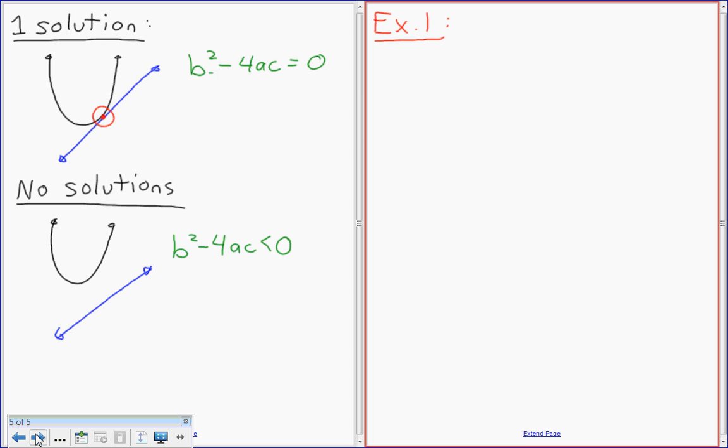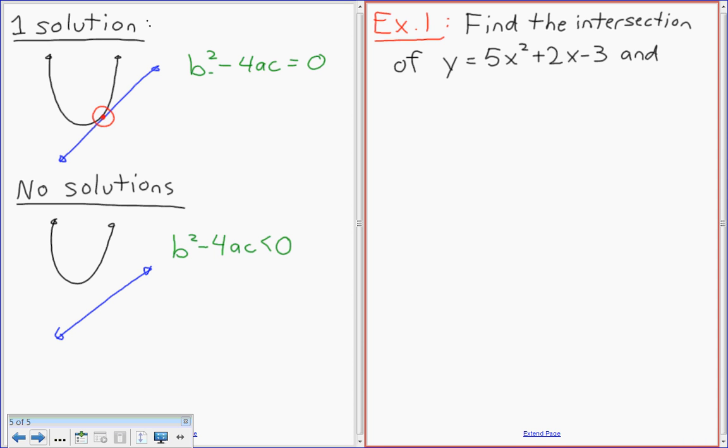Find the intersection of y equals 5x squared plus 2x minus 3 and y equals 3x squared minus 2x plus 4.